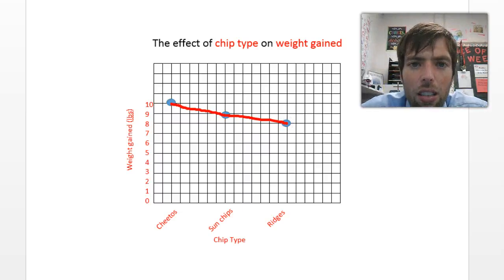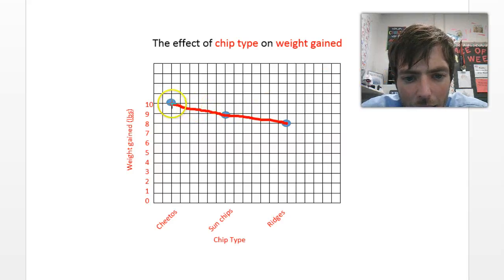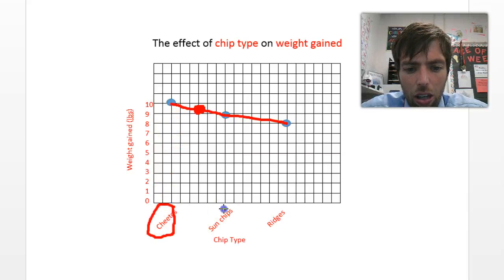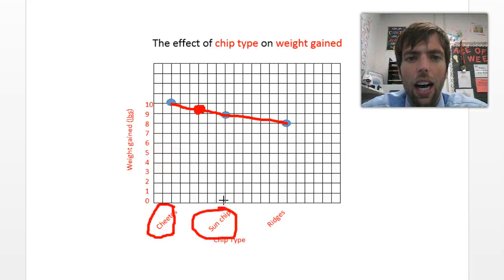And I'd probably say, so what you're telling me is, if I was to eat part of a Cheeto and a Sun Chip right here, then you would predict that I would gain like 9.5 pounds, right? And you would look at me with this weird look. You're like, what do you mean? You can't eat part of a Cheeto and part of a Sun Chip. It's either a Cheeto or it's a Sun Chip. And I'd be like, yeah, I know.